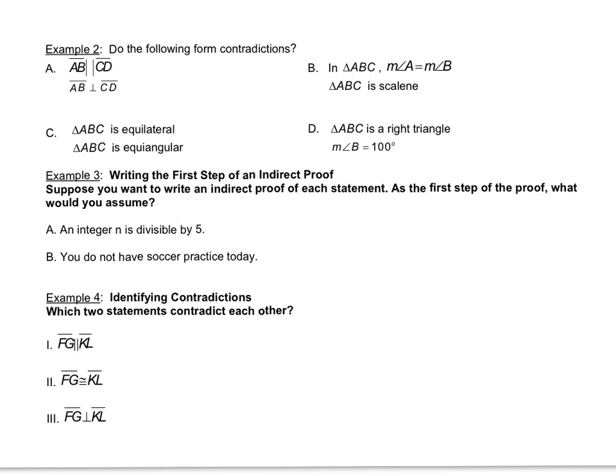So here's a picture of AB parallel to CD. And here's a picture of AB perpendicular to CD. Notice it cannot happen at the same time.